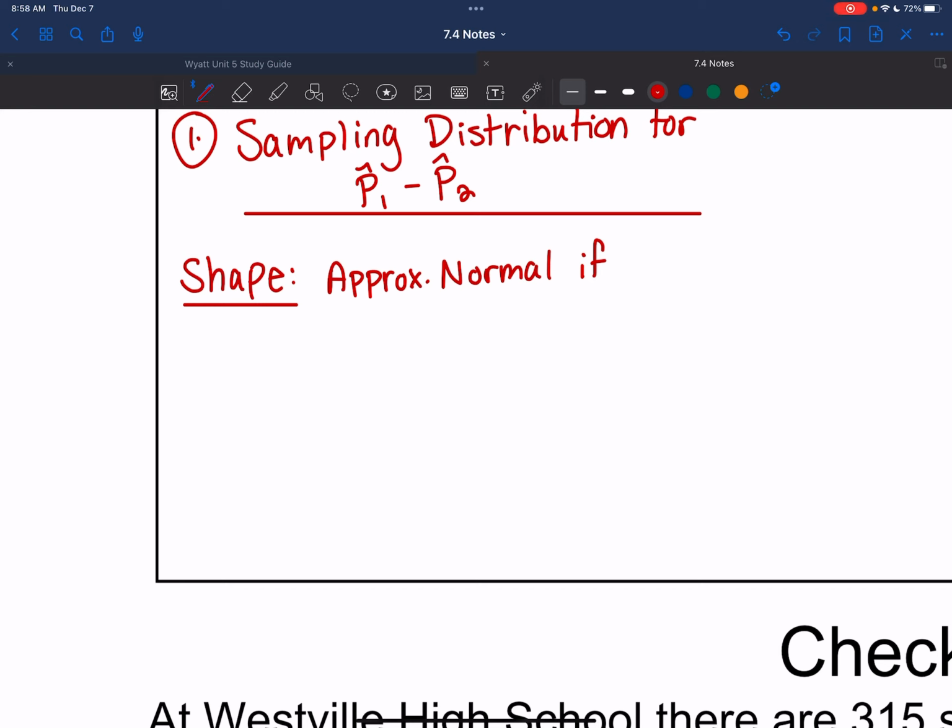So we'd have to see that N1 P1 is greater than or equal to 10, N1 times 1 minus P1 is greater than or equal to 10. And we also have to see that for N2: N2 P2 greater than or equal to 10, and N2 times 1 minus P2 greater than or equal to 10.